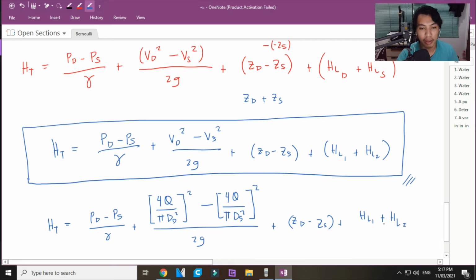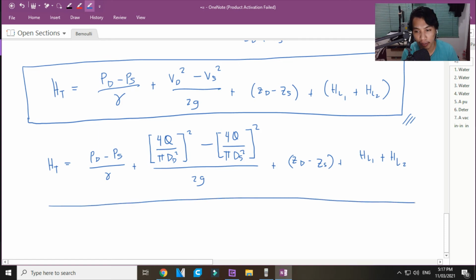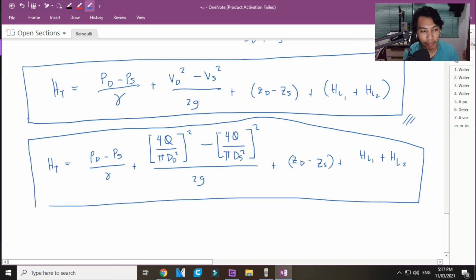Gusto ko kasi, isang pindutan ninyo lang sa calculator, lalabas na yung sagot. Okay? Na yung ating final na ilalagay sa calculator. Yan. That is for Bernoulli equation.